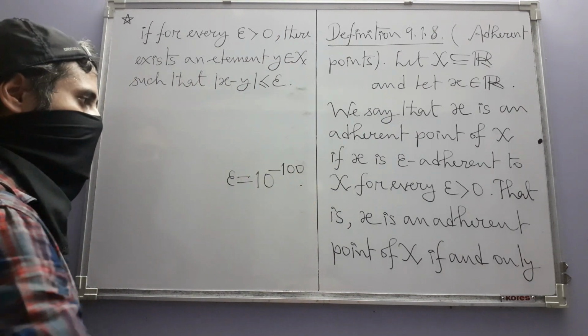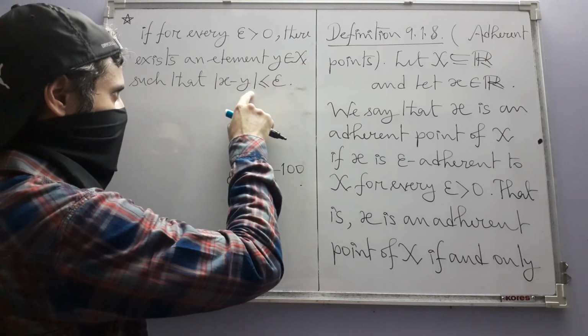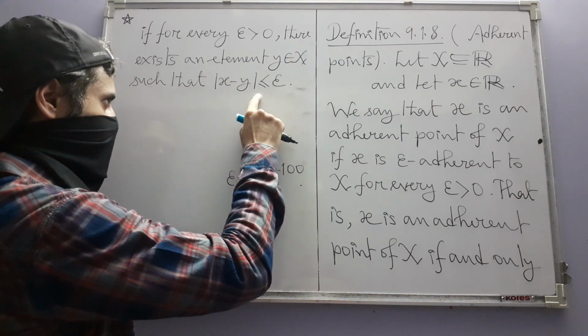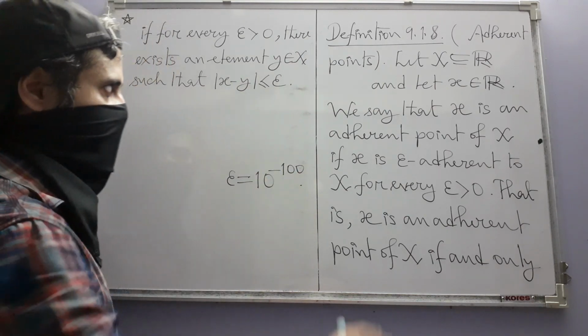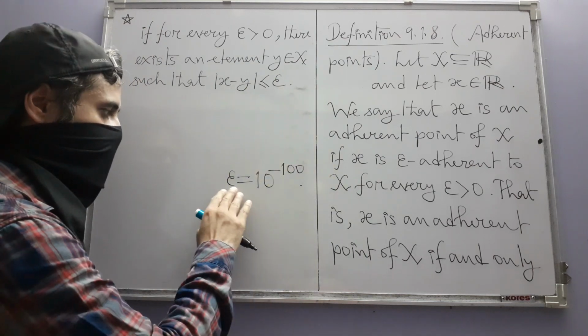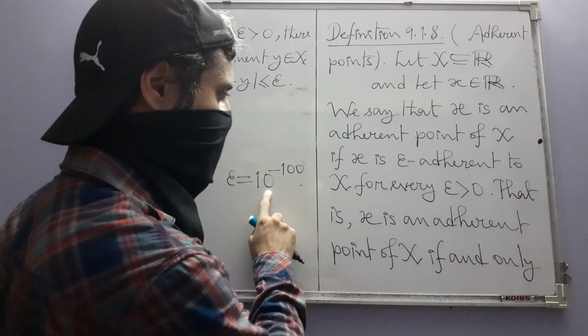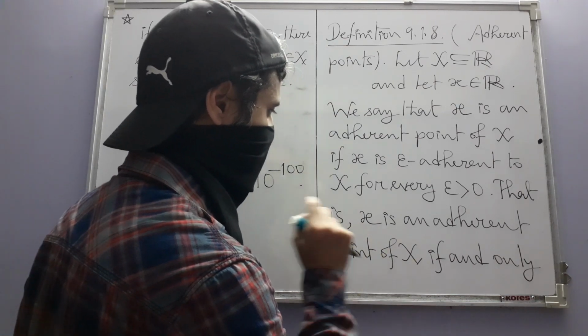Even then, if you are able to find a y in X that is close to x in such a way that the distance between them is less than or equal to even that small epsilon, and if this keeps happening, no matter what your epsilon is, large or small, anything, as long as epsilon is positive, then we say that x is an adherent point of X.